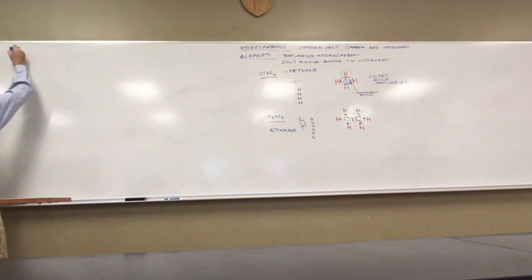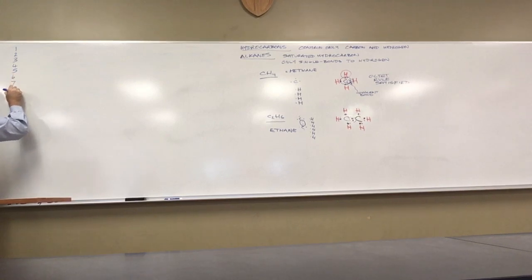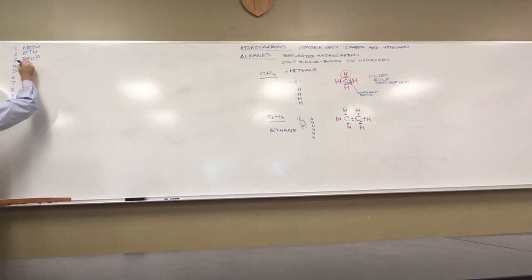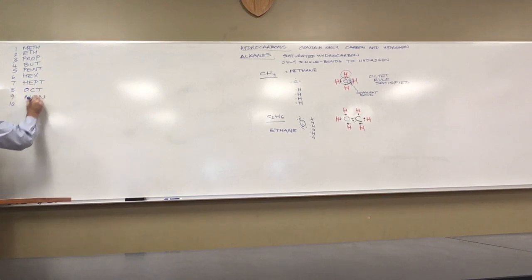So we have a naming system. That goes meth, eth, prop, bute, pent, hex, hept, oct, non, and dec.